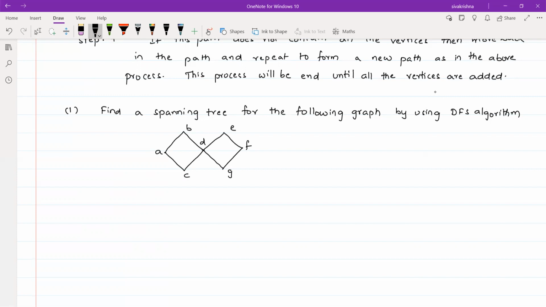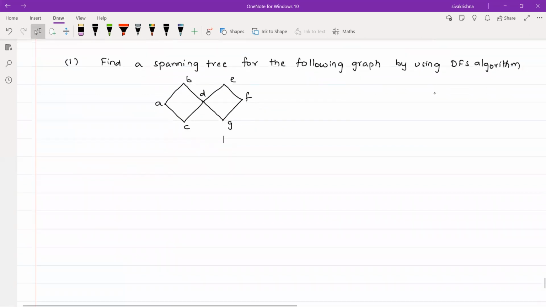Coming to step one, first we have to choose a vertex. I am choosing small a as a root.